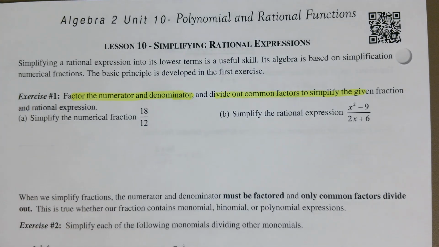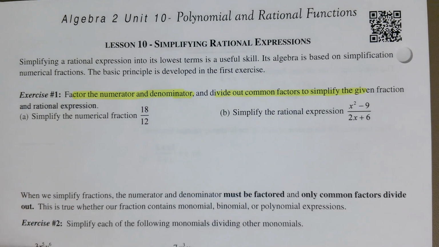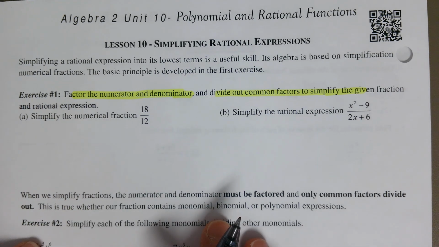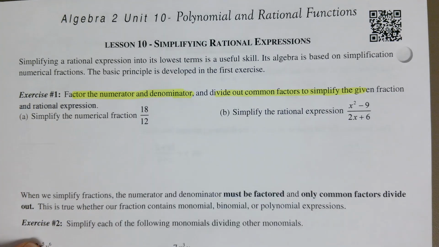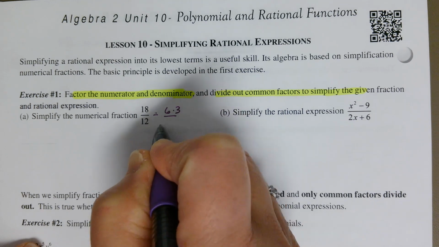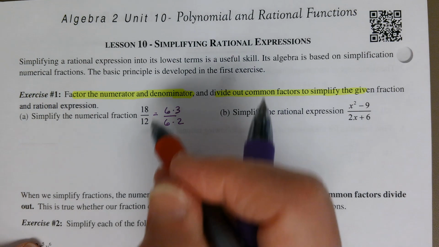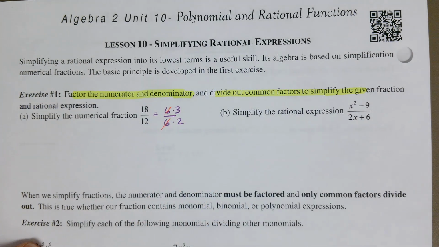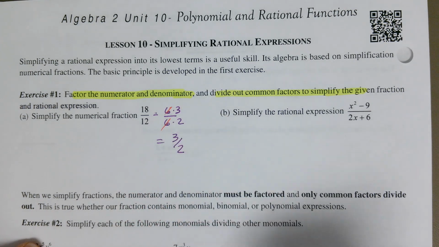So first, a numerical fraction. We want to simplify 18/12. We could rewrite this as 6 times 3 is 18, and 6 times 2 is 12. The common factor of 6 divides out, and our answer is 3/2.